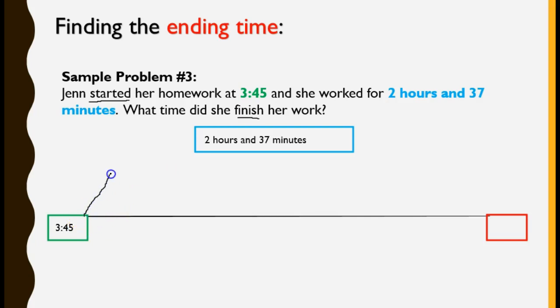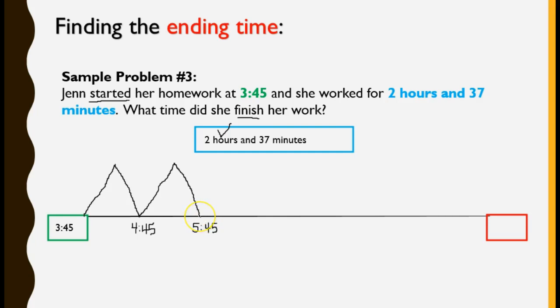So let's do one at a time. 3:45, since I'm moving forward on the timeline, I'm going to be adding. So 3:45, I'm going to put 4:45. Mountain number 2 takes me to 5:45. Okay, we did the 2 hours. Now we just have to write our 37 minutes.